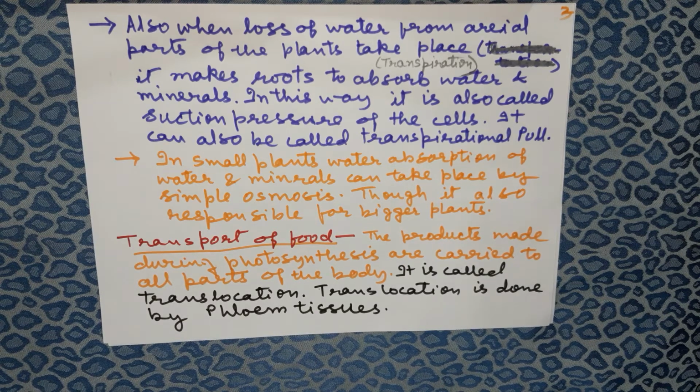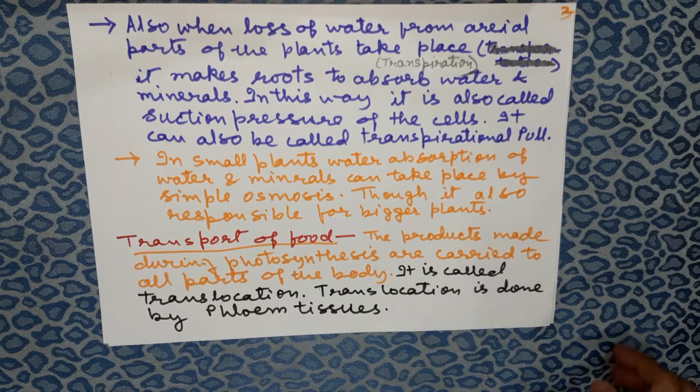Second topic here is transport of food in plants. You know that the photosynthesis process is possible because of the green leaves or green stem, because they contain chlorophyll in them. Presence of chlorophyll is important, as well as presence of solar energy or sunlight, because sunlight is converted into chemical energy in the form of carbohydrates.